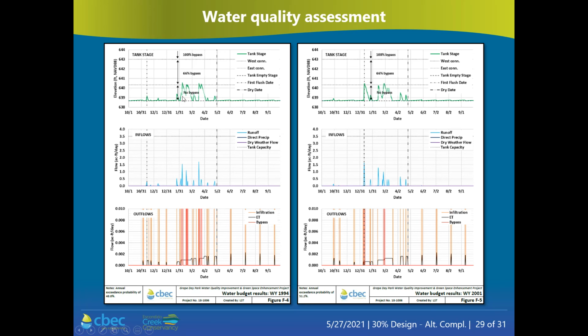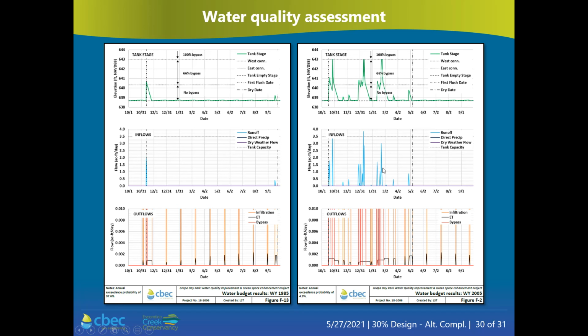And we can see that we're largely operating in this range in both years of having the tank be somewhat dry and up to the elevation of the east invert connection, where we're bypassing about 66% of the flow during some events, but largely operating between the bottom of the tank and 640.34 feet.